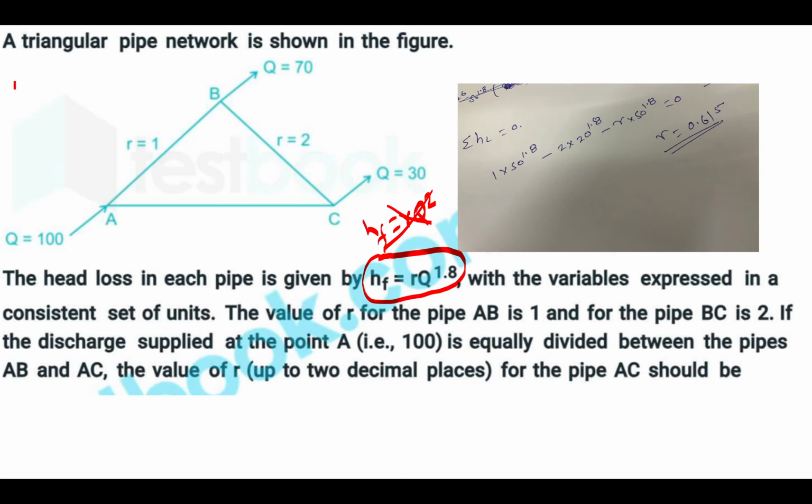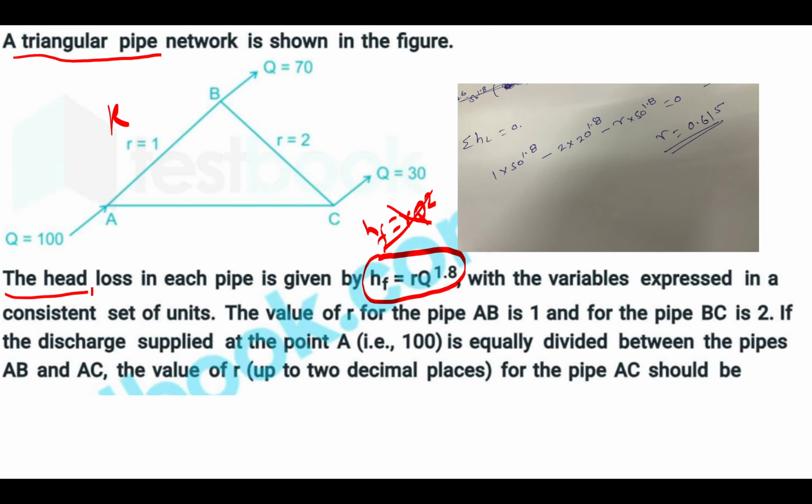Actually in this question, somewhere we have written k, but here you can also write R. This is a constant, it will depend on the pipe material and length and everything. So a triangular pipe network is shown in the figure.